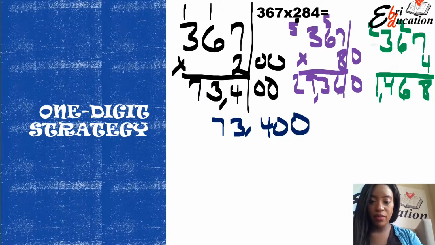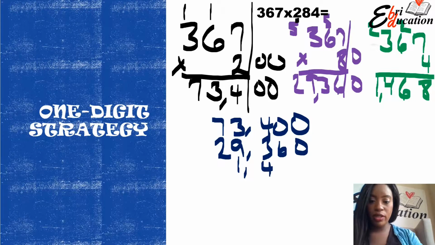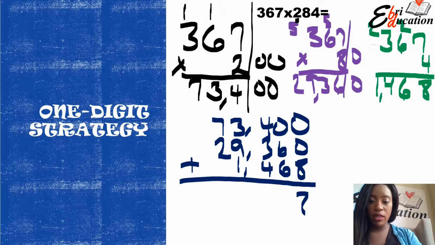73,400, 29,360, and 1,468. When we add these numbers up, we're going to get 8 in the ones place. 6 plus 6 gives us 12.